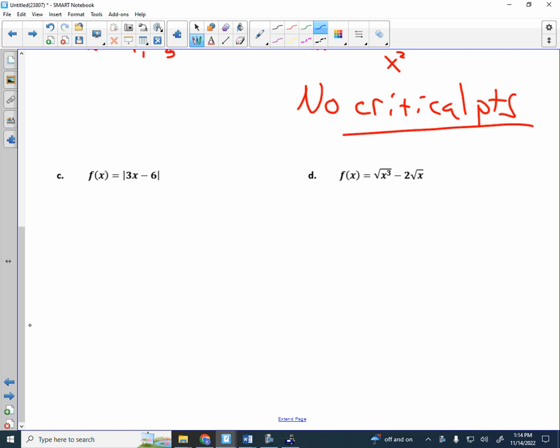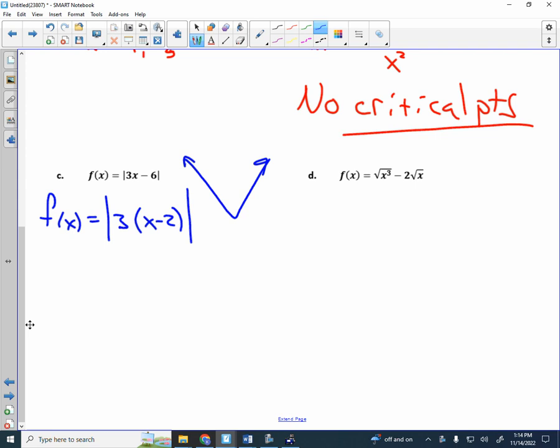An absolute value function. Does anybody know what it looks like? Very good. So this looks like this. So true or false, this will have a critical point. The critical point happens where the corner happens, agreed? If I take this function and don't even take the derivative, I just factor out a 3 and write it as x minus 2.